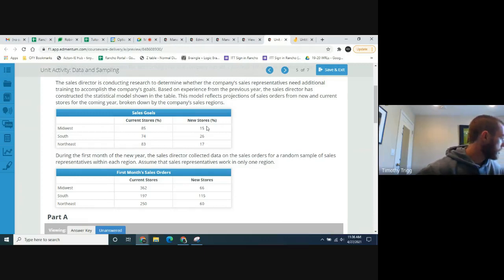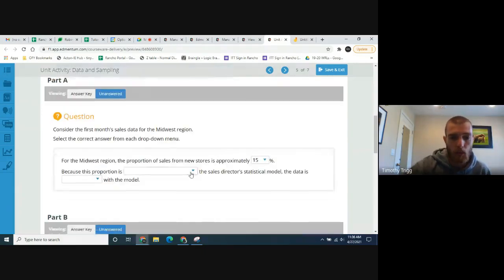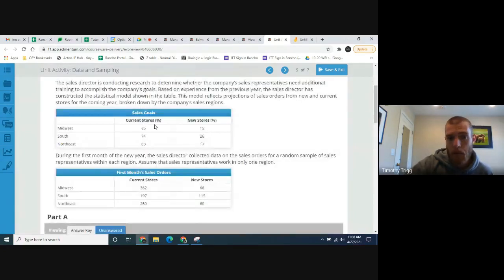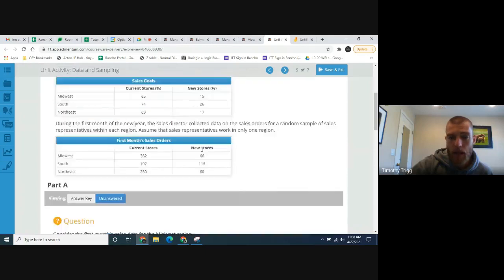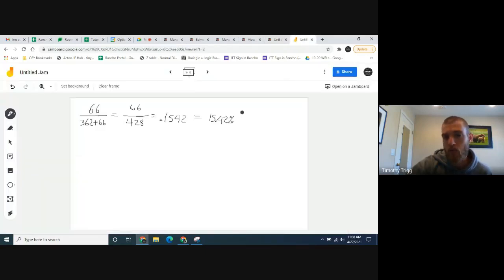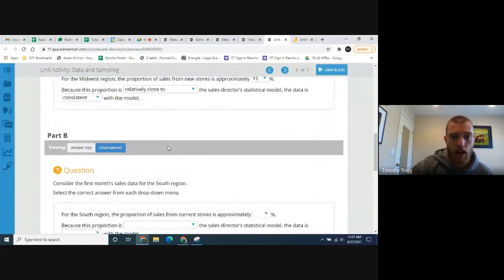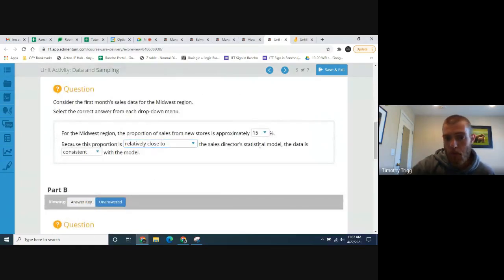So that's good. So it seems to follow what the model wants. So here, because the proportion is relatively close to the sales director's statistical model, the data is consistent with the model. So he expected from the model 15%, and we got 15.42%. So it's very close to the model, and that's consistent with the model.